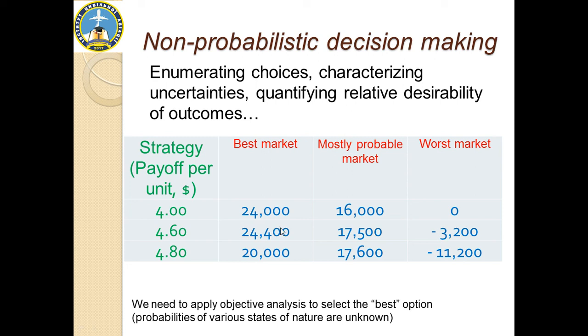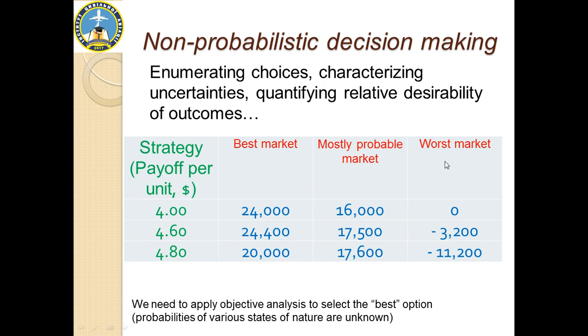But these non-probabilistic decision-making strategies work only when the probabilities of market conditions are unknown. That was the reason we call it non-probabilistic decision making. We don't know the probability with which the market will turn to its best conditions, or be mild, or what's the probability that the market will turn to the worst market.